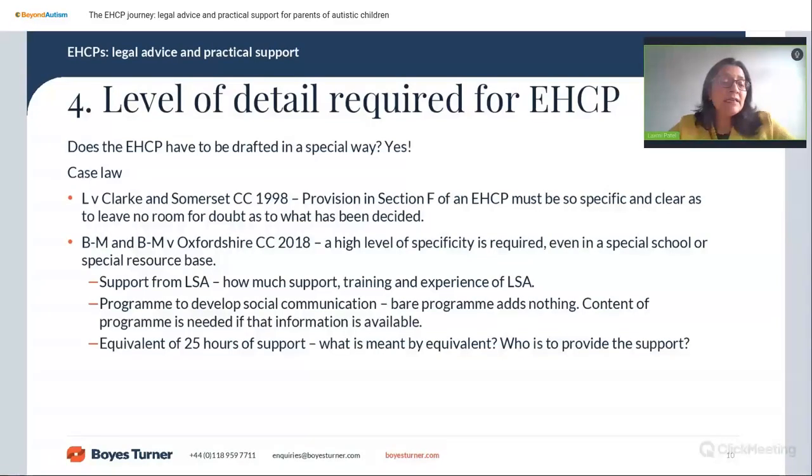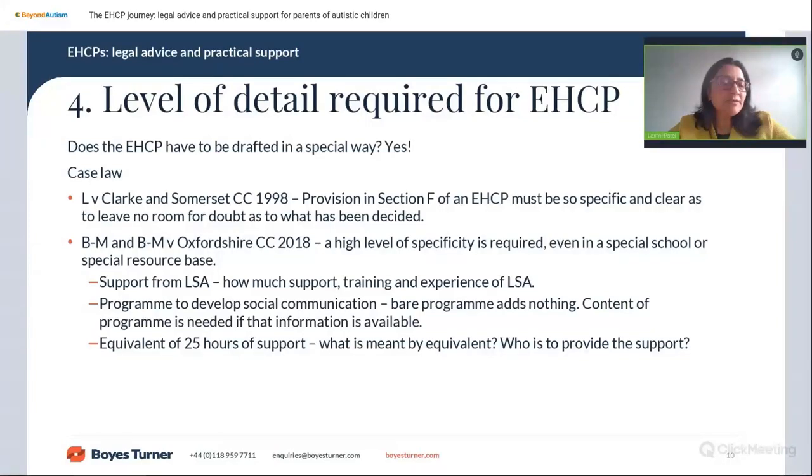Something we often see in EHCPs is where it says a programme to be delivered to develop social communication, for example, or programmes of other types. Remember that a bare programme adds nothing and doesn't provide sufficient detail. So the contents of the programme may be needed here. But essentially, we're looking for figures. Figures are good.